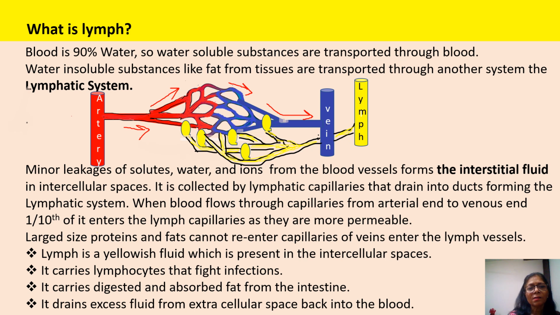From the capillaries, there is leakage of solutes, water, and ions, which fills the spaces between the cells. Because it fills the spaces between the cells, it is called interstitial fluid.